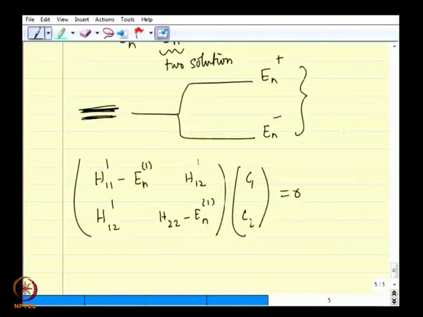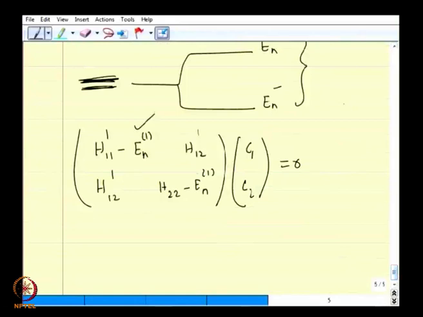That was the solution that we were just now discussing, and therefore if we know these two things from that, the square root factor, then there are two sets of equations, one with one value of En1 for C1 and C2, another with another value of En1 for C1 and C2. Therefore we get two sets of C1 and C2.